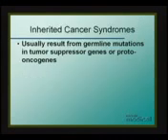Let's look at some specific examples of multifactorial diseases and particular genes associated with them. Let's look first at some inherited cancer syndromes. Inherited cancer syndromes usually result from germline mutations, that is, those that can be passed along from generation to generation, in either tumor suppressor genes or proto-oncogenes.